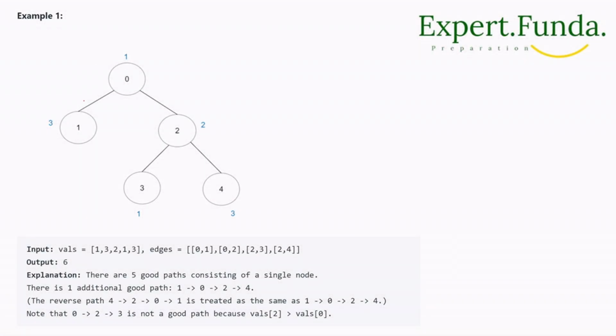An example 1 in which we will see how we count the paths. So we have been given this example. If we talk about all the nodes, how many nodes do we have? We have nodes 1, 2, 3, 4 and 5.